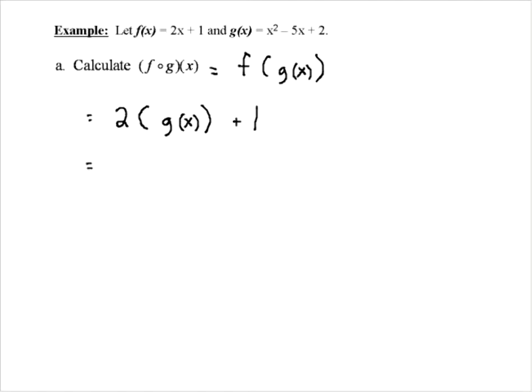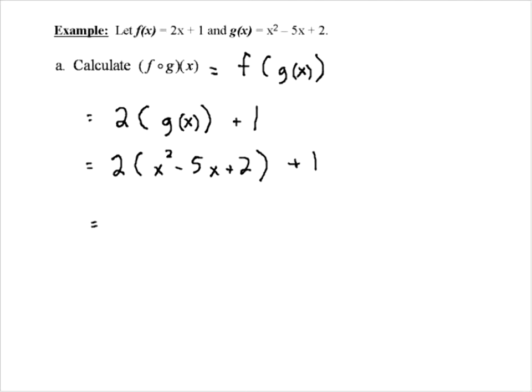But now what is g of x? Well, we go back up and we say g of x, of course, is just x squared minus 5x plus 2. And that number 1 has to come along for the ride. We haven't done anything to it. At this point, now it's just multiplication. We just distribute that 2 in.